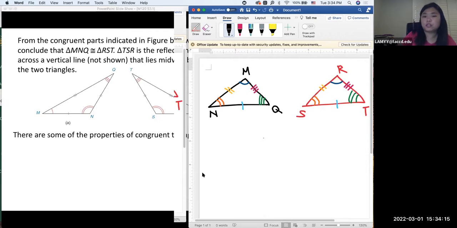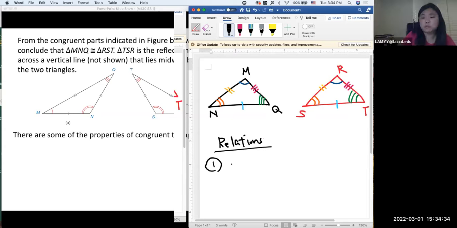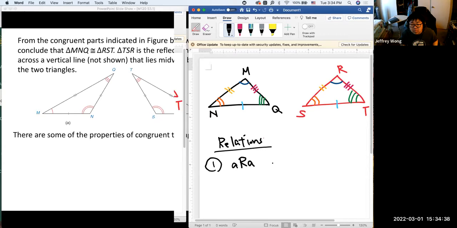What is the first relation? Remember that A R A. You guys remember that?